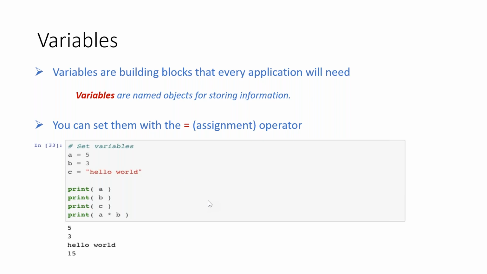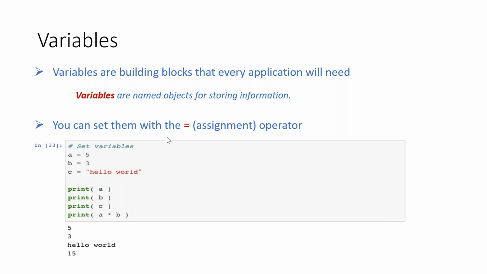Okay, so variables are named objects for storing information. If I say a equal to 5, then an integer type object is now stored in a place, and I'm referring to that place as a. Whenever I refer to a, I'm referring to that particular object. You can set them with assignment.